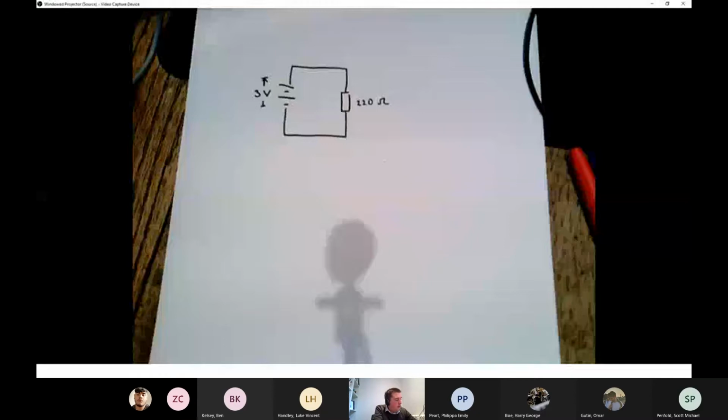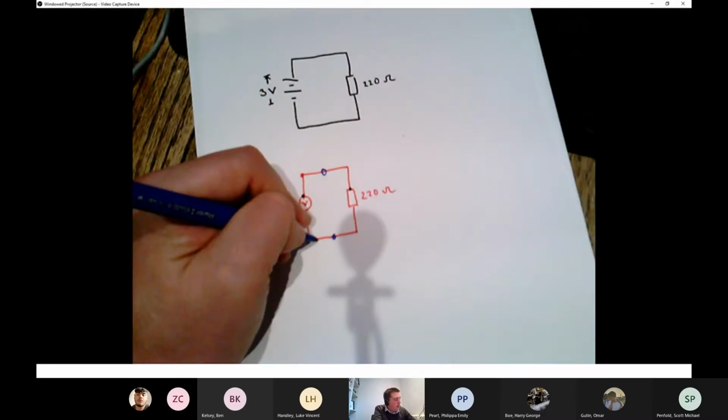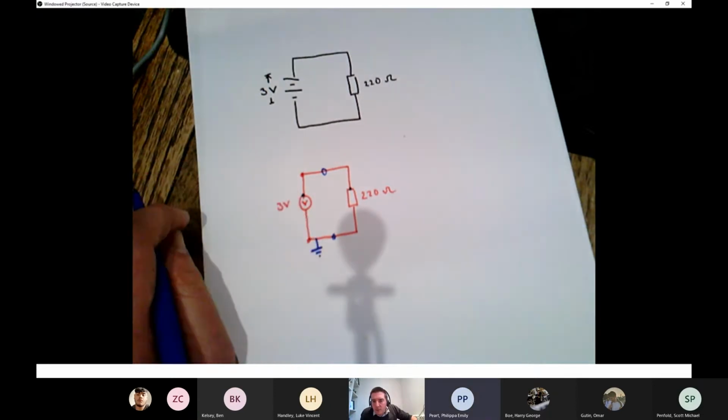Finally, one way to look at things again is you'll see people mark Earth onto their circuits sometimes, and you can do that. Ah, frozen. Has it unfrozen now? For me, I just get a new frame every 10 seconds.